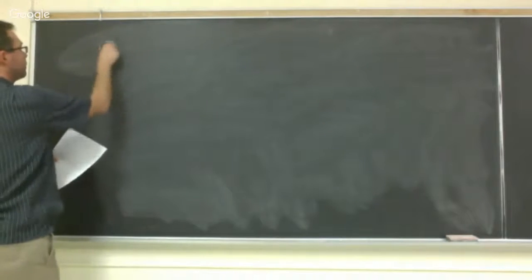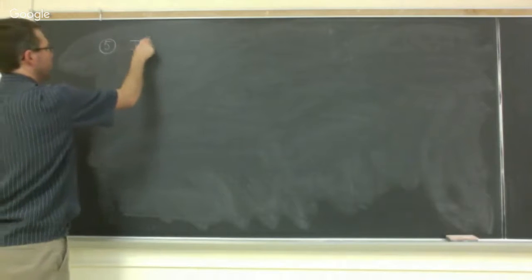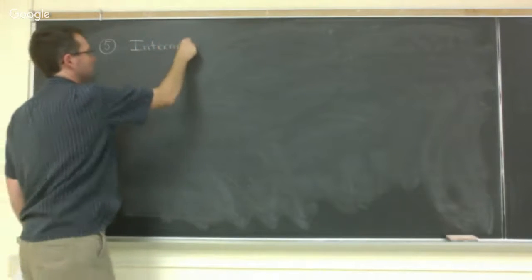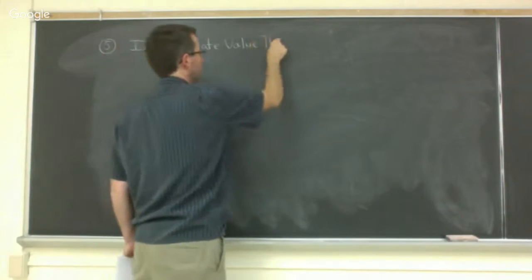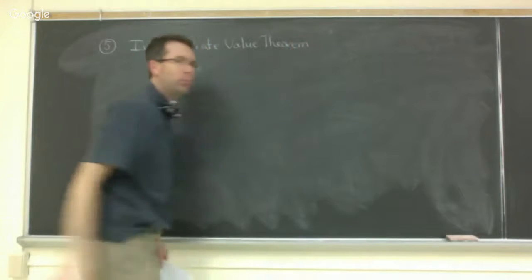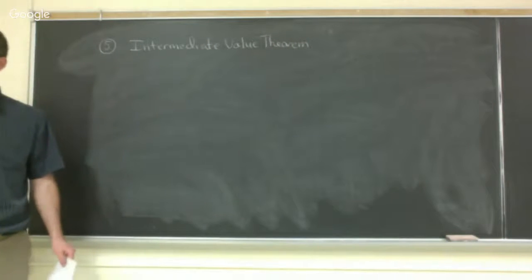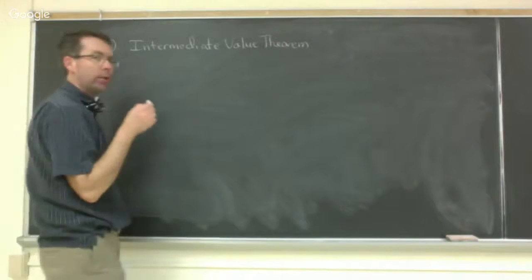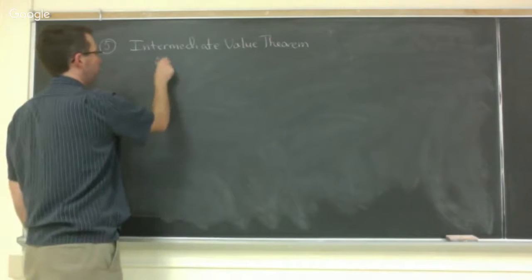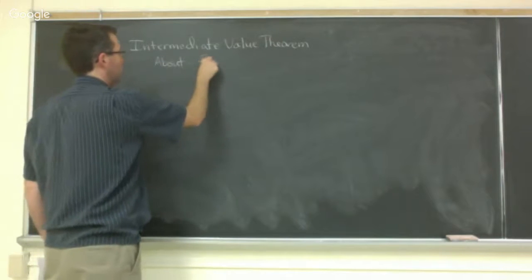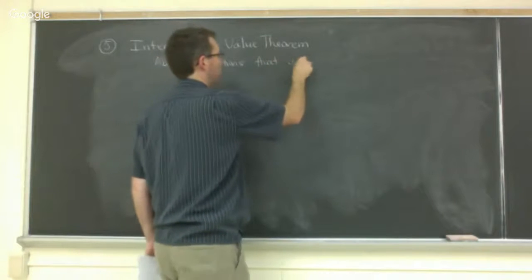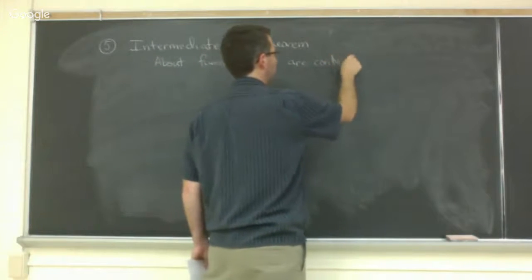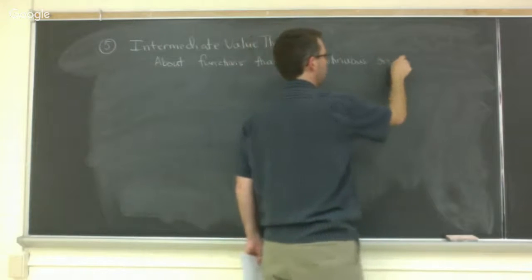Question 5 is a question about the intermediate value theorem. Okay, so just to review, what is the intermediate value theorem? It's about continuous functions. So it's about functions that are continuous on a closed interval.